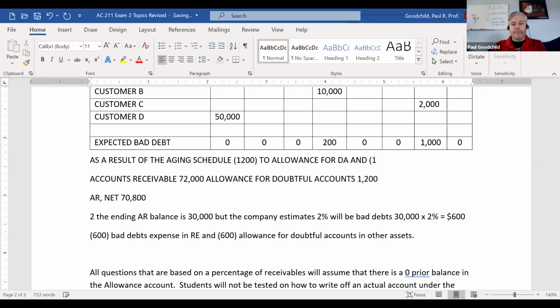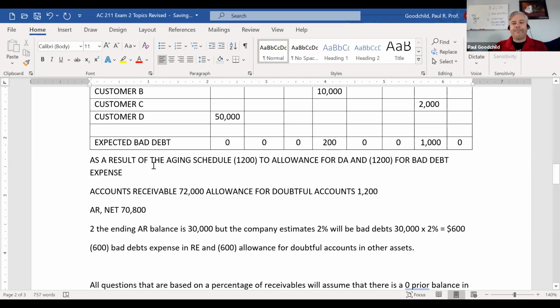And for bad debt expense. Because remember, you've already recorded these sales and receivables.